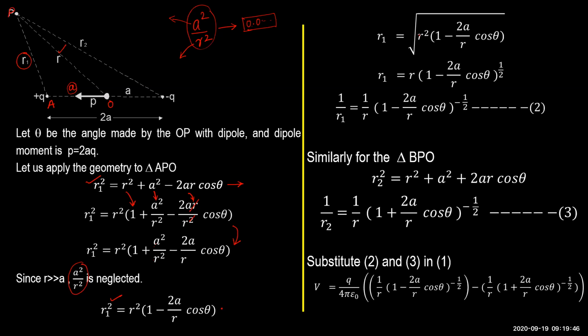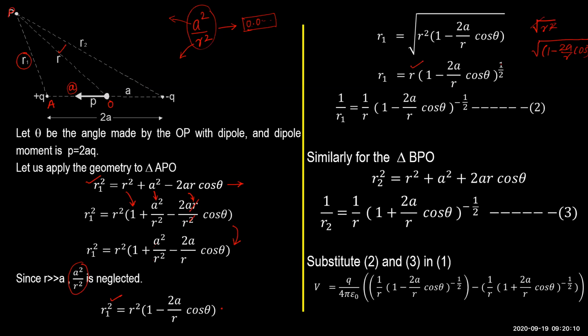Now, see, square root of R square is nothing but R, the square root cancels and only R remains here. And the square root will be there for the remaining terms, that is 1 minus 2A by R into cos theta. But we know that square root of anything can be written as power half.